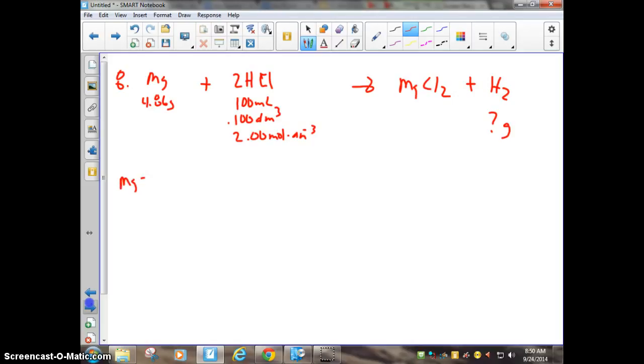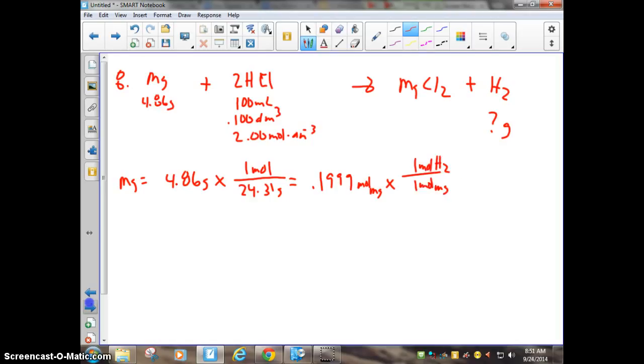So magnesium with 4.86 grams is really, if I take 1 mole and divide by the 24.31 grams per mole in magnesium, I see that I really have 0.1999 moles of magnesium, which would yield 1 mole of H2 for every 1 mole of magnesium, or 0.199 moles of H2.